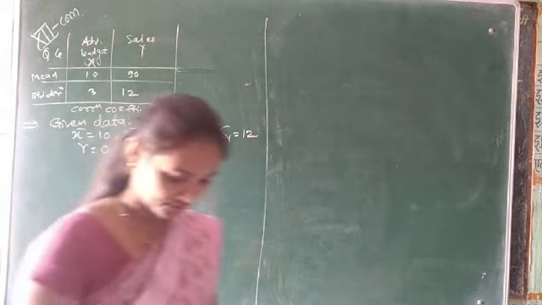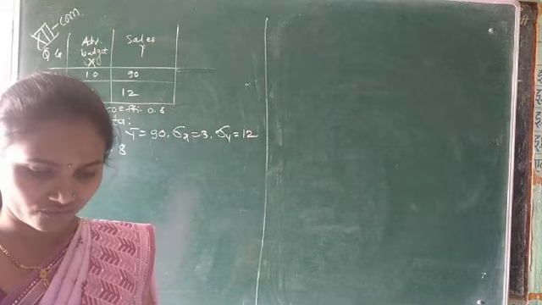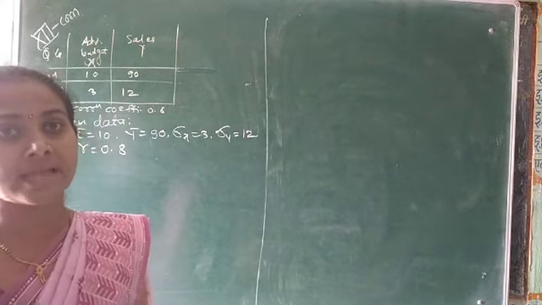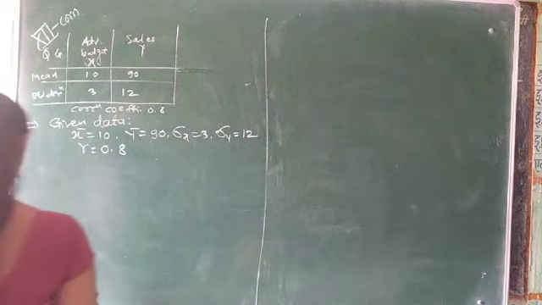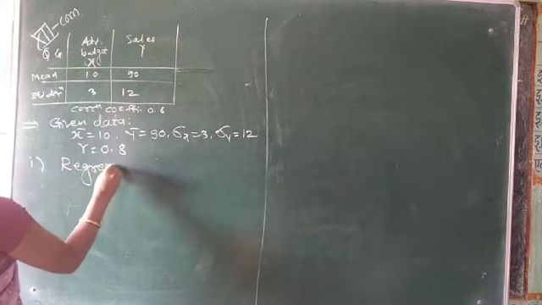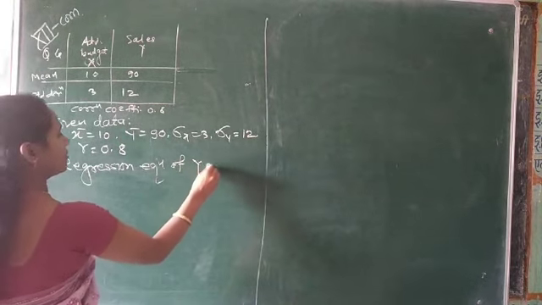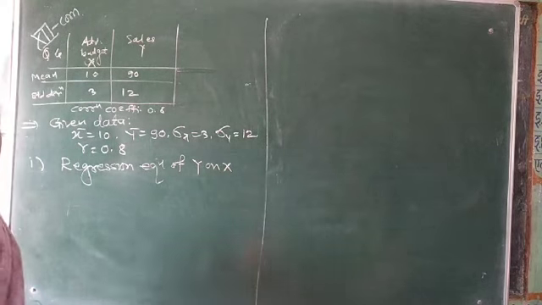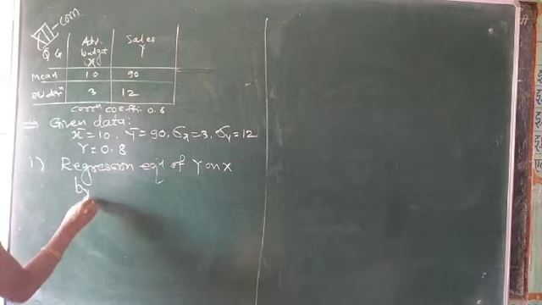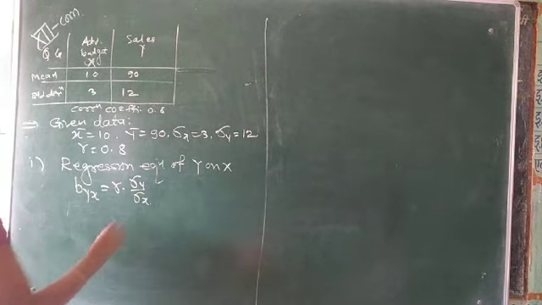First, we have to find the regression equation of y on x and the regression equation of x on y. First we have to find the two regression equations. So first of all we have to find byx and bxy. So first, the regression equation of y on x. We have to find byx using these values. In the last lecture we saw the formula: byx is equal to r into sigma y divided by sigma x.